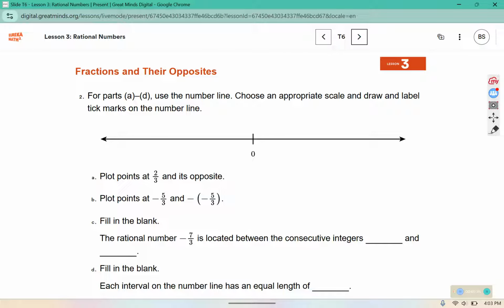For parts A through D, use the number line. Choose an appropriate scale and draw tick marks on the number line. I see 2/3, 5/3, and 7/3, so I'm going to count by thirds on my number line.